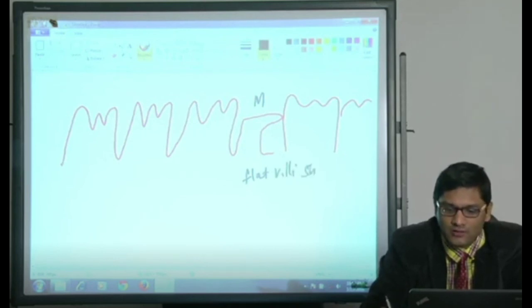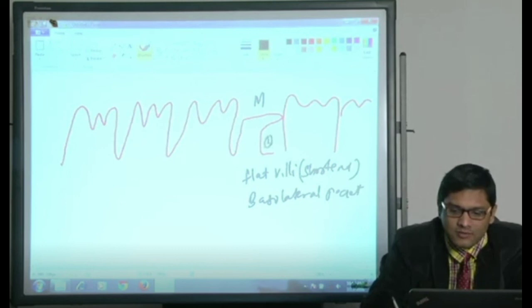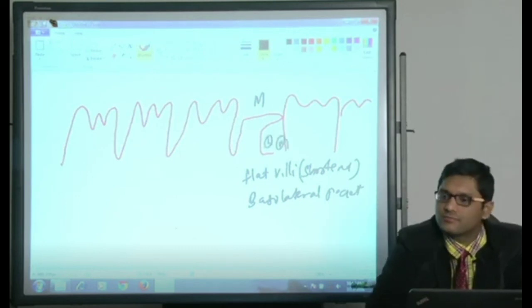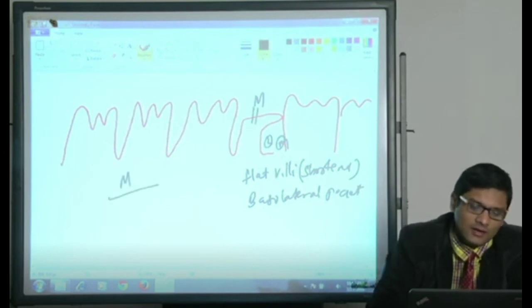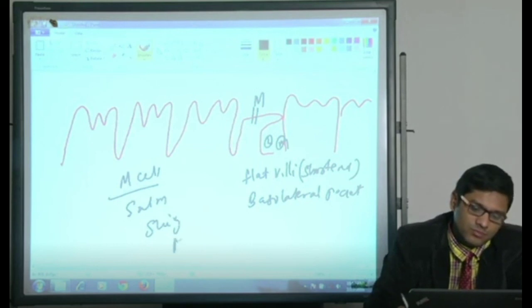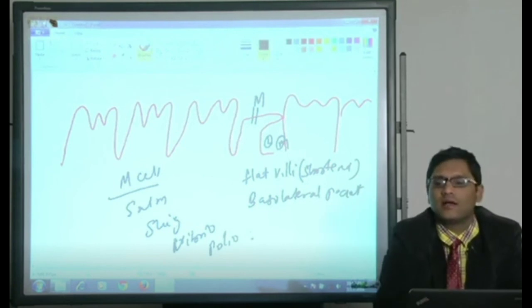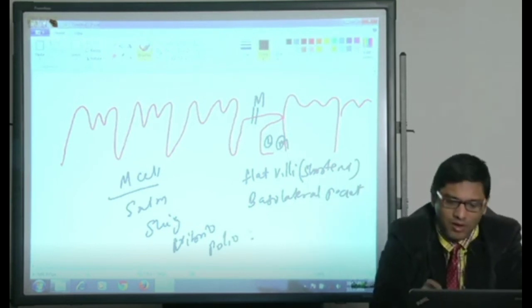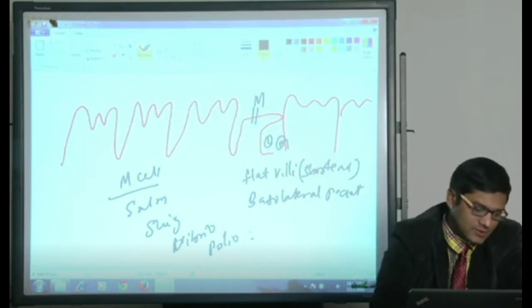The villi are shortened, and instead they will have a basolateral pocket which is rich in lymphocytes and macrophages. And M cell is the site of entry of many organisms like Salmonella, Shigella, Vibrio, Polio, etc. Many enteric pathogens enter through M cells.